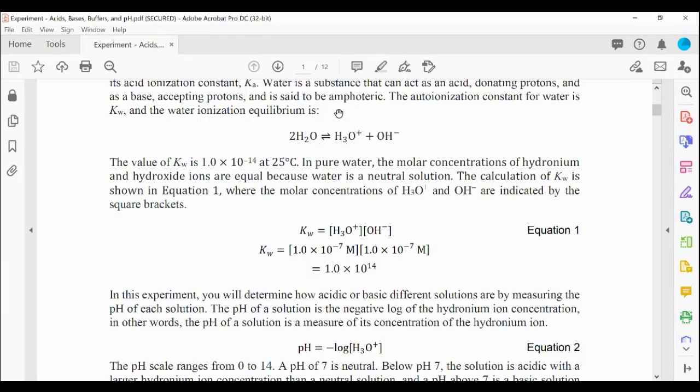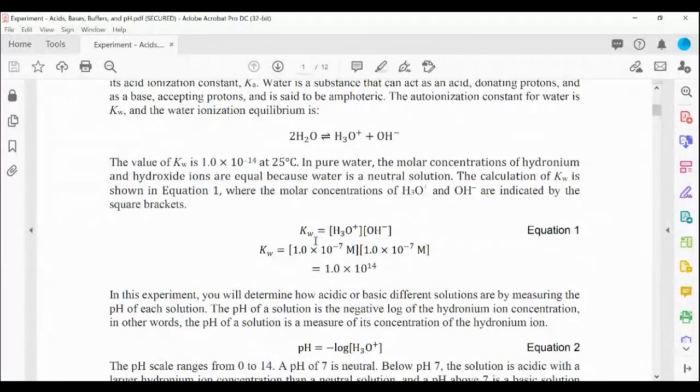For example, here they are telling us the Kw. For water, we have this equation. Two molecules of water dissociate into hydronium ion plus hydroxide. And the equilibrium constant for this reaction is just the product of the concentrations of the two ions.